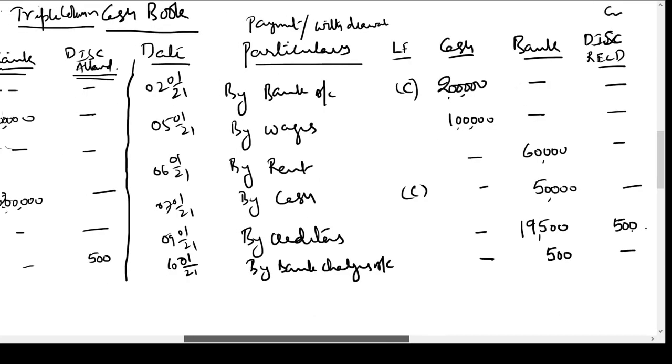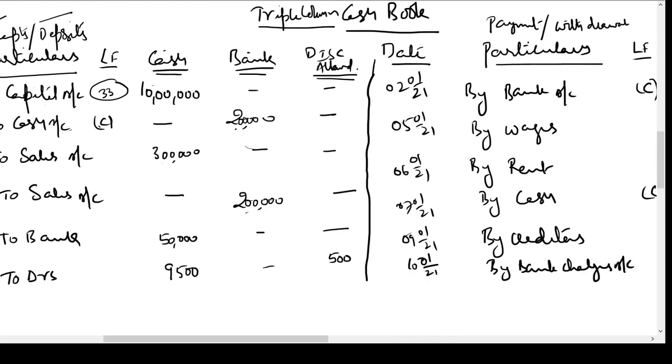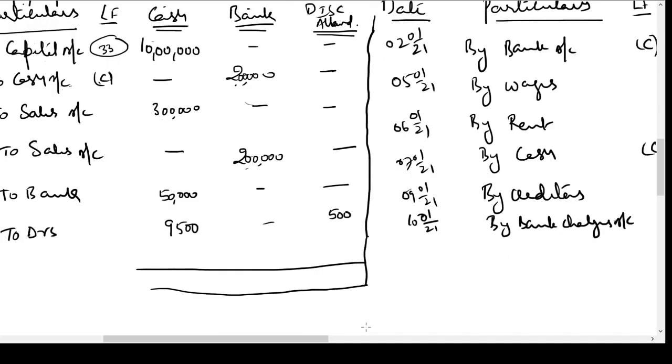Now we'll balance the triple column cash book. I hope you remember how we balanced our ledger accounts. In the same way we are going to balance our triple column cash book as well. The total of the debit side is 10 lakh plus 3 lakh, 13 lakh, 13 lakh 50,000, 13 lakh 59,500 rupees is the total of the receipt side of the cash book.